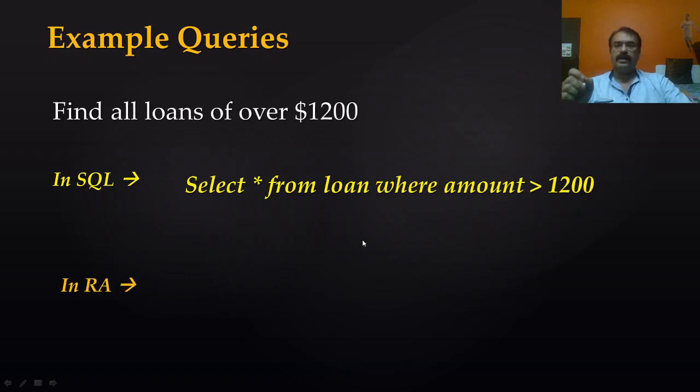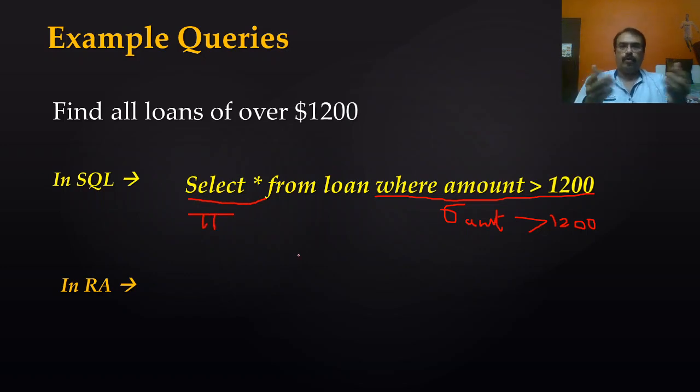So how can I write the equivalent query in RA? Whatever is accommodated with where will go with sigma, as amount is greater than 1200. Whatever is accommodated with select is pi.